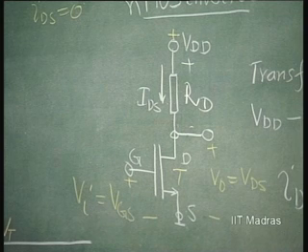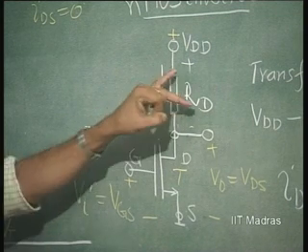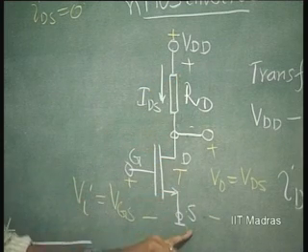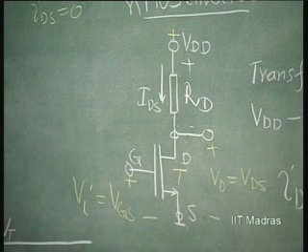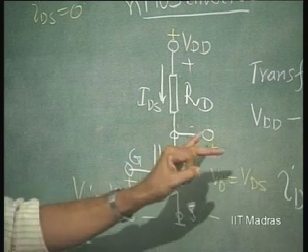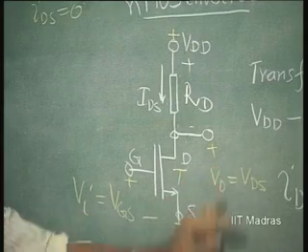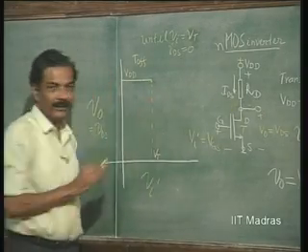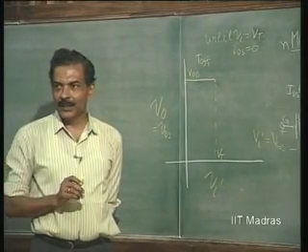At this point, where ID is 0 and VDS is the highest possible, VDD, the transistor is in current saturation region.